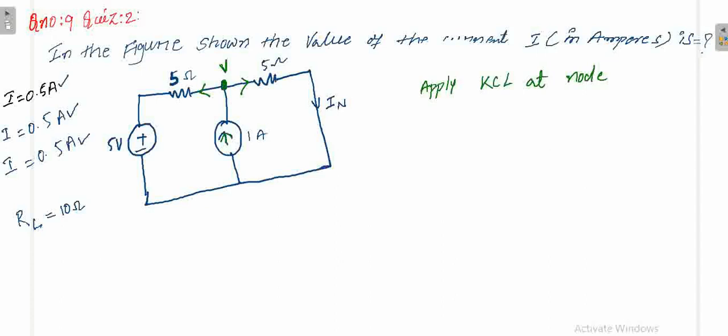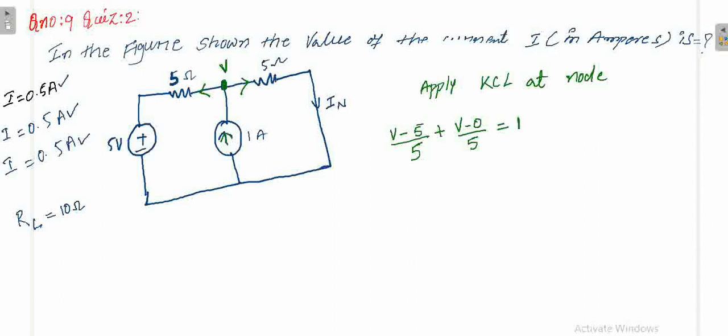What you will get? V minus 5 by 5 outgoing current, plus V minus 0 by 5, because in this branch we have an outgoing current, which is equal to 1.